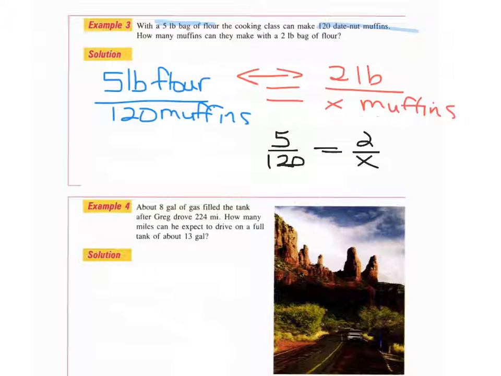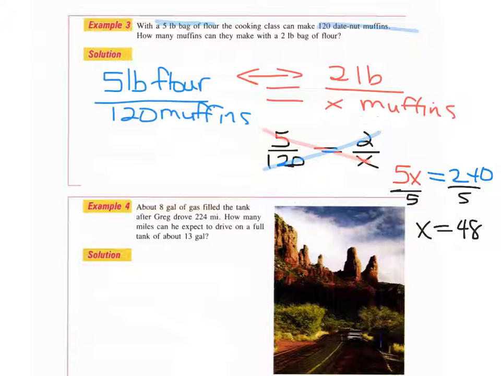Again, cross products. 5 times x, 120 times 2. 5x is equal to 240. Divide by 5, and x equals 48. So you can make 48 muffins with 2 pounds of flour.